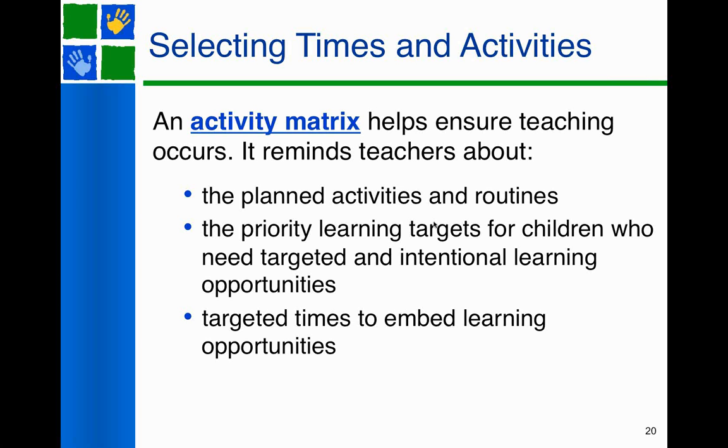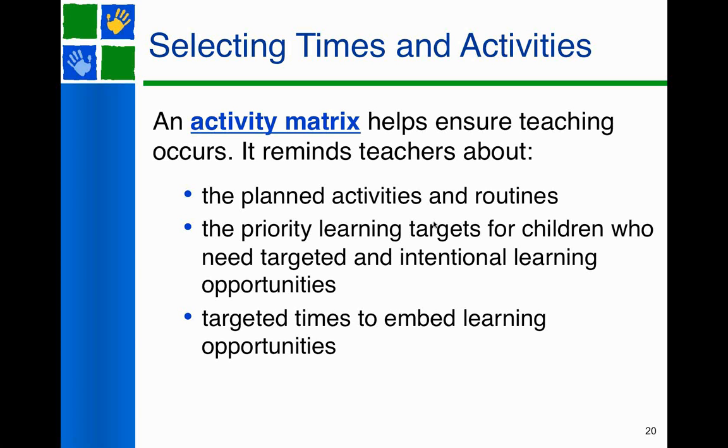It also could be occurring in small group kinds of activities, or it could be occurring for an individual child in the context of either large group, small group, or one-to-one kinds of instruction. But we construct an activity matrix to help ensure that the embedded instruction occurs or the teaching occurs.